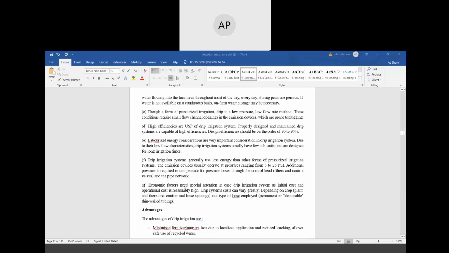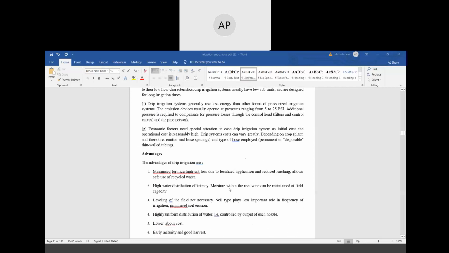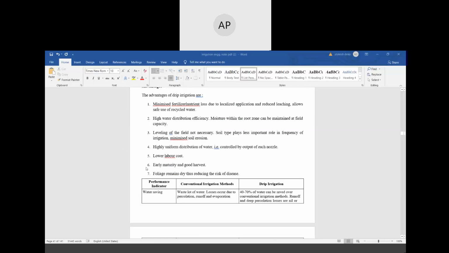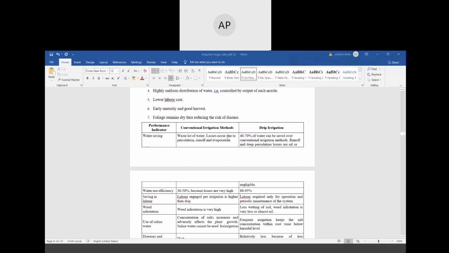Economic factors need special attention in the case of a drip irrigation system, as initial cost and operational cost are reasonably high. Drip irrigation cost can vary greatly depending on crop and type of system. There are some advantages also, as compared to conventional irrigation methods.